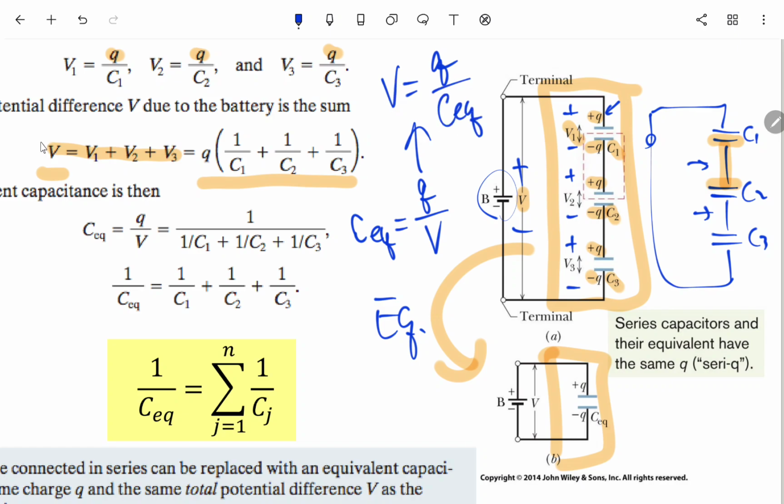This V is the same as this V, and this Q is the same as this Q. So CEQ should be the reciprocal of this parenthesis. So CEQ equals 1 over the sum of 1 over C1 plus 1 over C2 plus 1 over C3. Or similarly, we take the reciprocal on both sides: 1 over CEQ equals 1 over C1 plus 1 over C2 plus 1 over C3.